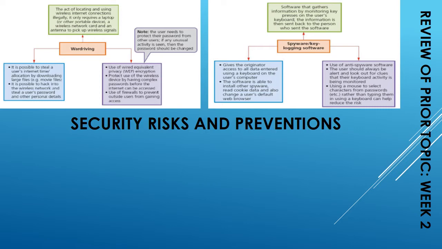So you can protect your system by using anti-spyware software, and the user should always be alert and look out for clues that their keyboard activity is being monitored. Using the mouse to select characters for a password instead of the keyboard can also protect your system from spying activities.